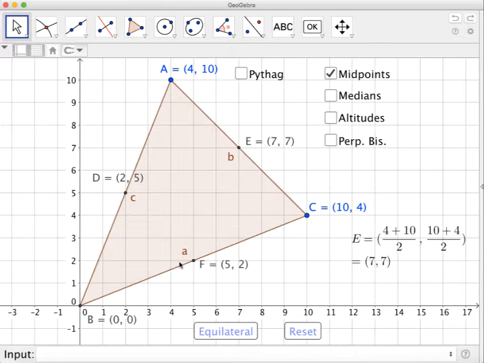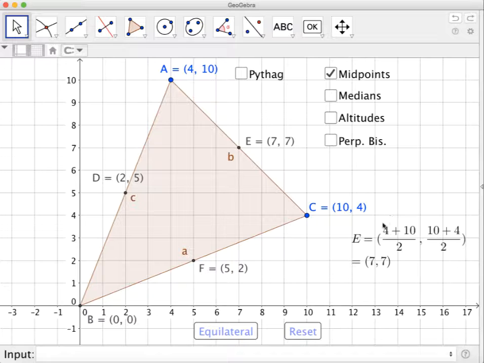In each case, we found the midpoint of the side, and to do it, we found the point that is halfway between vertex A and vertex C in this case, which is point E. The calculation that we do in order to find the x and y coordinates of point E is we just take the averages of the x coordinates of point A and point C. So we have (4 + 10) over 2.